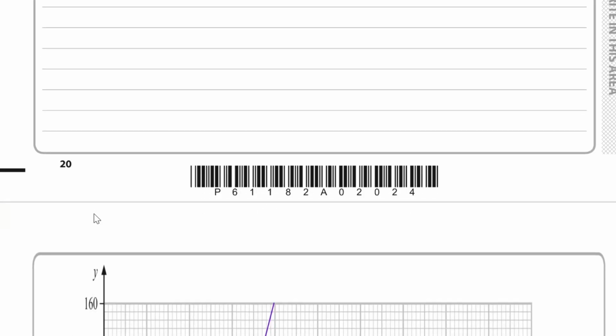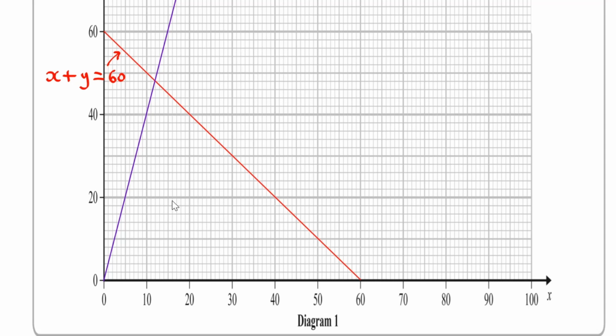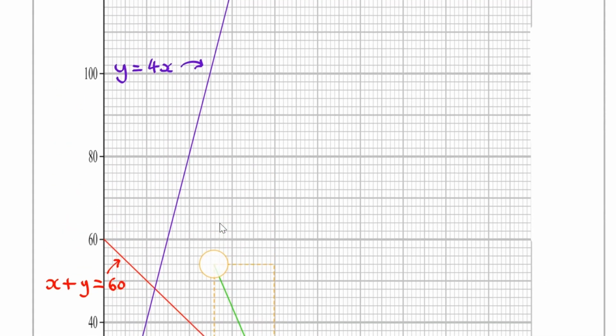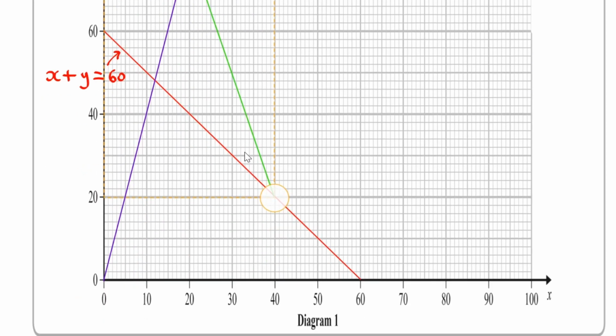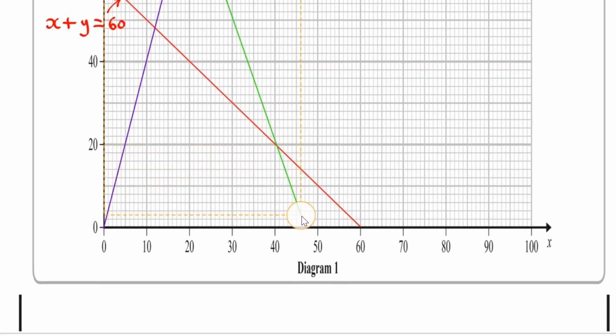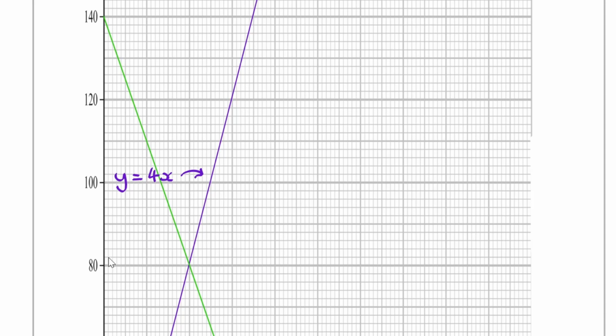So when x equals 40, y is equal to 20. And when x is 0, y is 140. Okay, so let's just join these up. So that's the first one, and then continuing this down, we have that line shown over here in green. So this over here then is y plus 3x equaling 140.